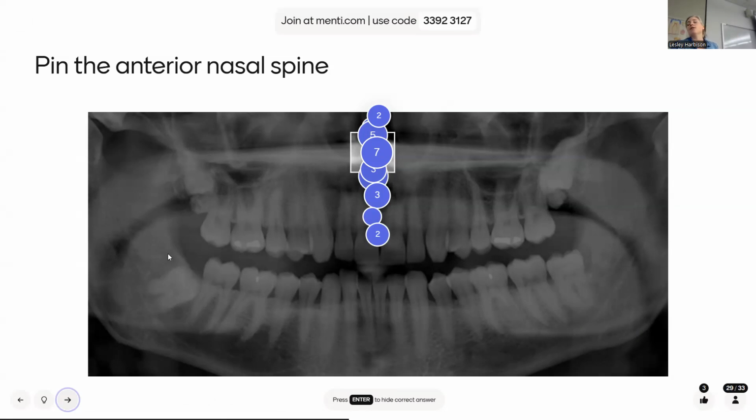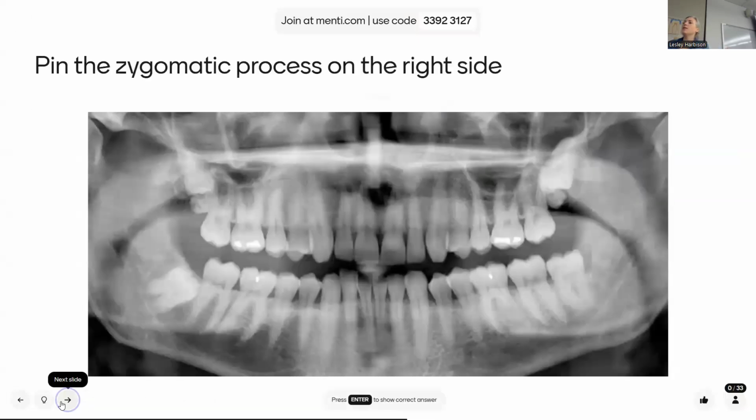Our internal oblique ridge comes down over the molars, though you can't really see it. And our external is what we point at, coming straight out from the posterior area. Let me go to the next one. On this one, pin the zygomatic process on the right side.